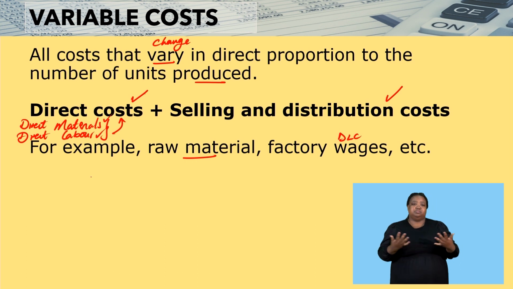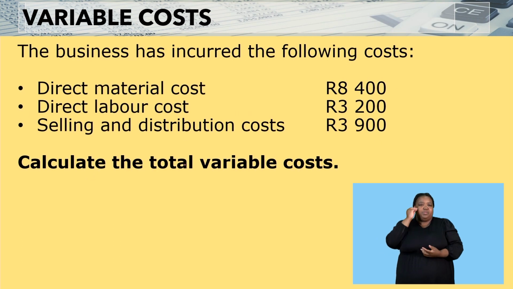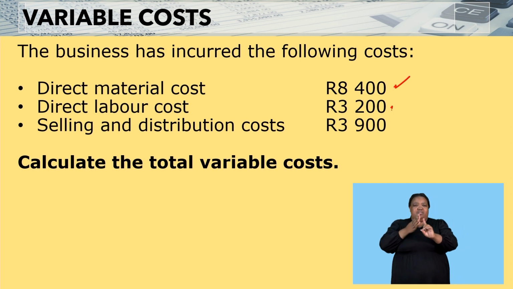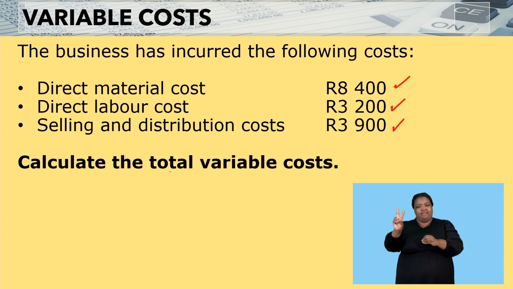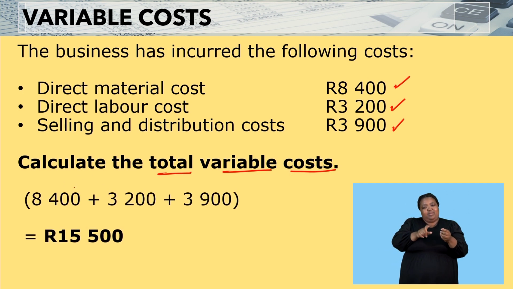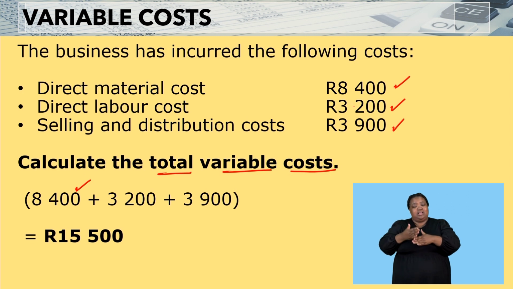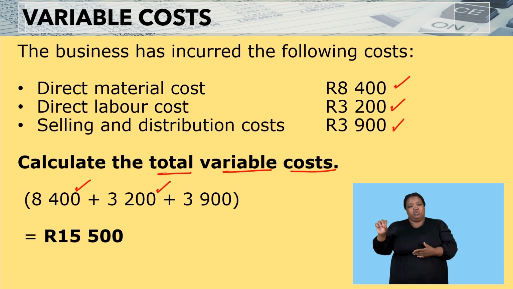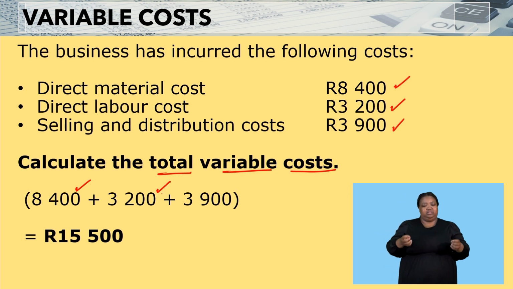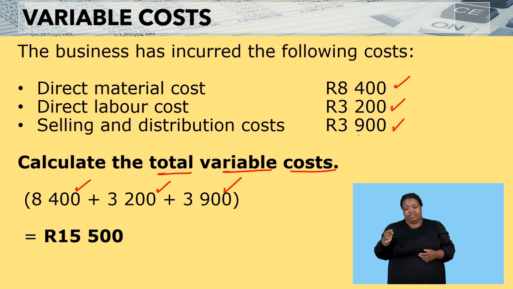All right. Let's see if we can do some calculations. The information reads, the business has incurred the following cost: direct material cost, direct labor cost, selling and distribution cost. So they want us to calculate the total variable cost. To get the total variable cost, we will then say the direct material cost, which is 8.4, plus the direct labor cost, which is 3,200, plus the selling and distribution cost, which is 3,900.